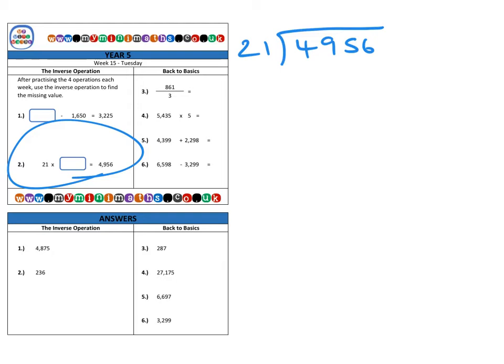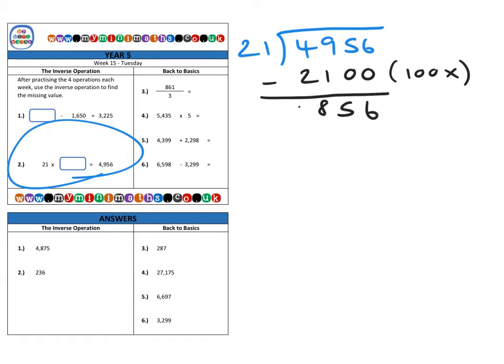So if I take my 4,956 sweets and I make 100 bags of sweets, that's using 2,100 sweets altogether, and it leaves me with 2,856 sweets left in the box.